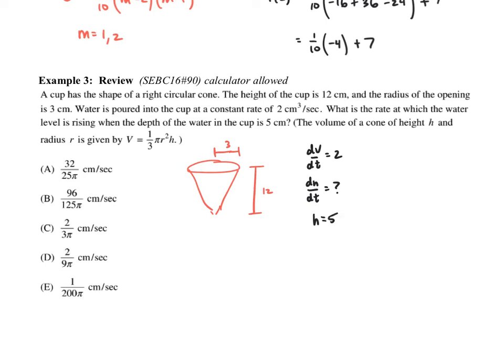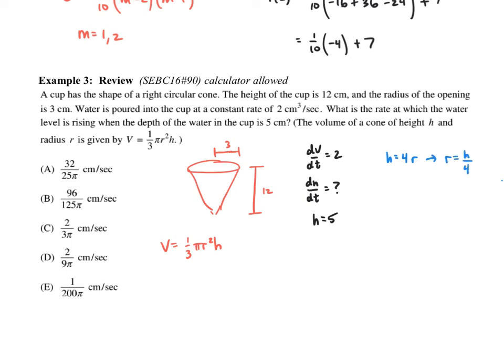We are given the volume, which is 1/3 pi r squared h. The problem is we don't want the r, we want just the h, because based on our information, we have information about h, and we're trying to find dh/dt. So the opening radius is 3 centimeters and the height is 12. So we know that the height is equal to 4 times r, or another way of writing this would be that r is equal to h over 4.